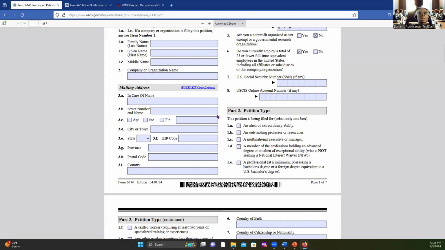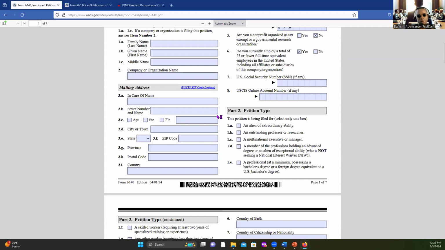Another person's application that was rejected was a person filing for the NIW who selected 1D. And there was another person that selected 1E. Please be very careful. As a self-petitioner, which one should you select?